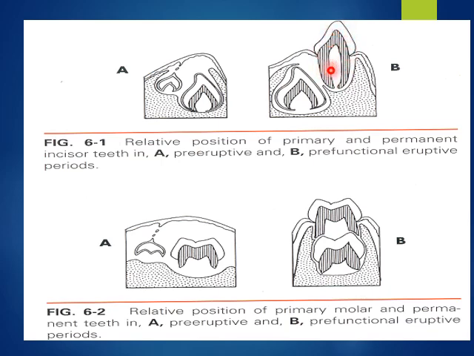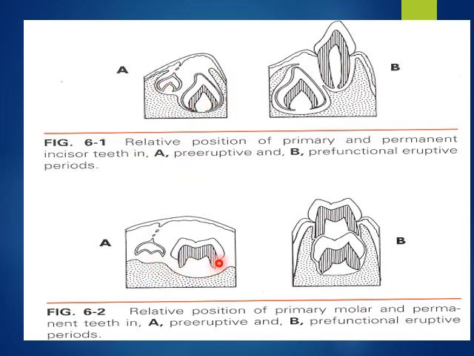and in function, the permanent incisors are located in the apical 1/3 of the deciduous root, and all of them are located in the separated alveolar process, like here and here, while in A, both are located in the same bony crypt.